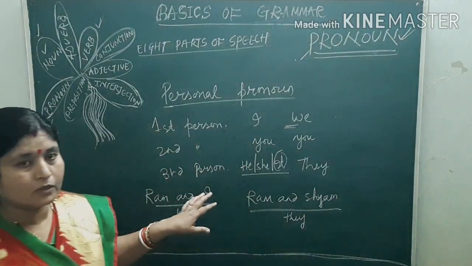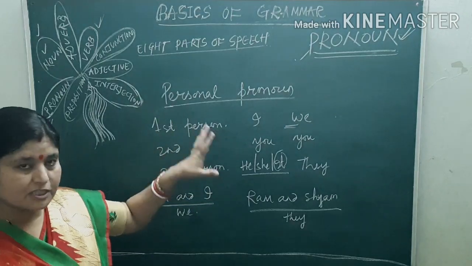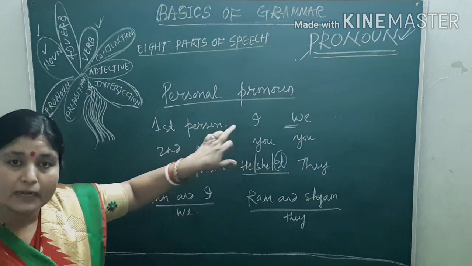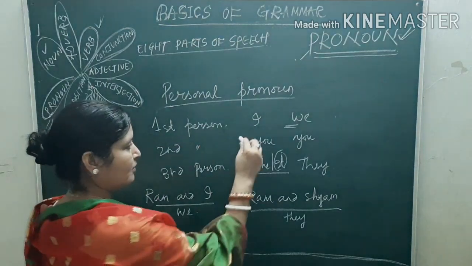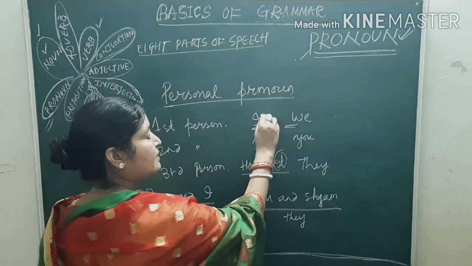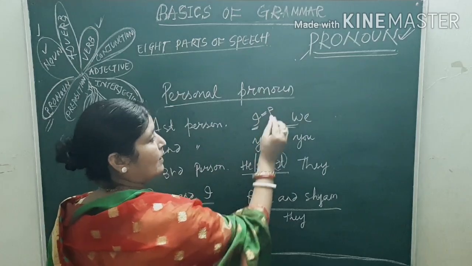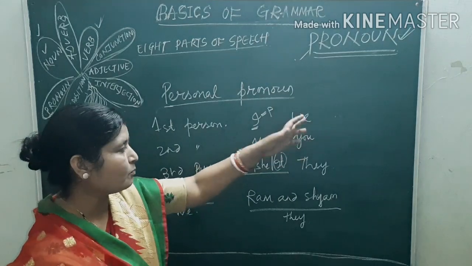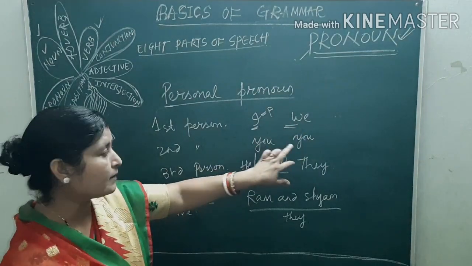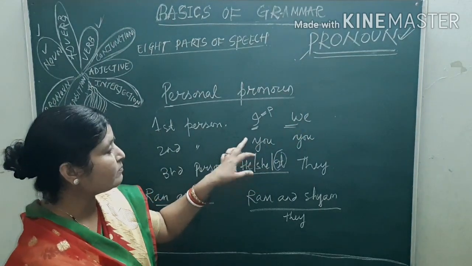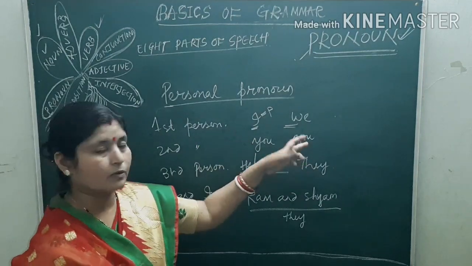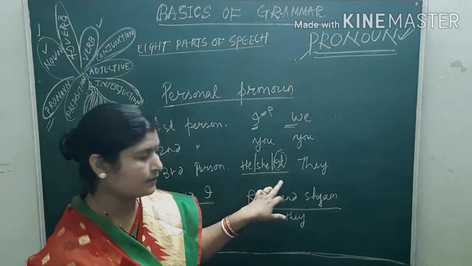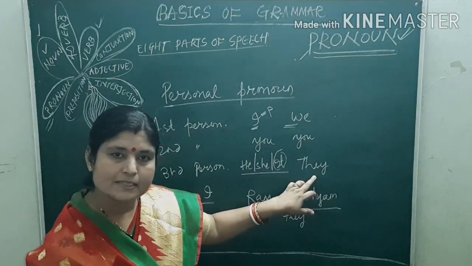The first person singular is always I. I is that kind of pronoun which, though it is singular, always takes the plural form. Then we is already plural. You is both singular and plural form. And third person is he, she, it and plural form is they.